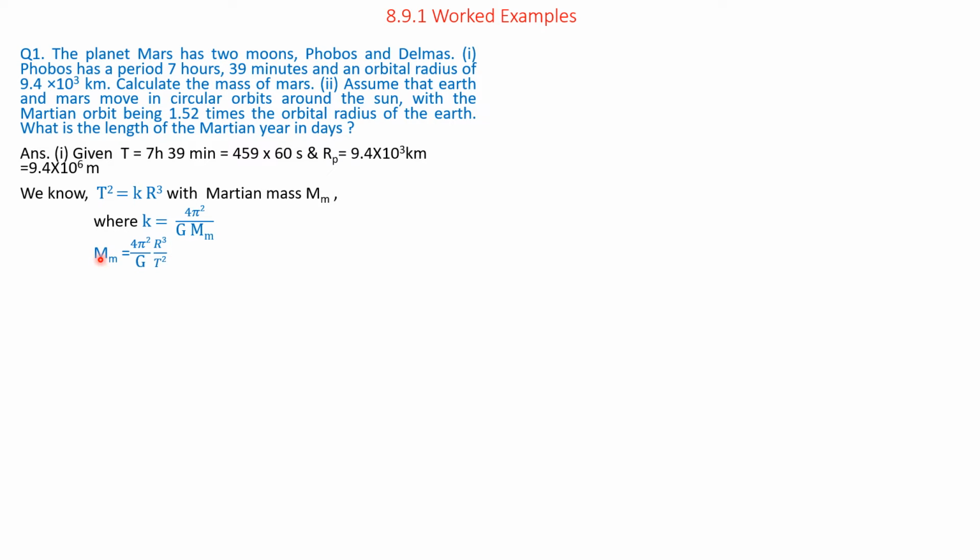That is, M suffix M is equal to 4 pi square divided by G into R cube by T square. Therefore, putting the values, 4 pi square is 3.14 whole square, divided by the gravitational constant 6.67 into 10 to the power of minus 11.